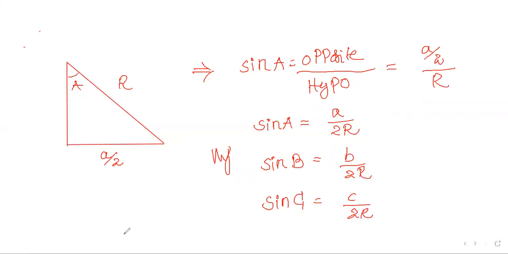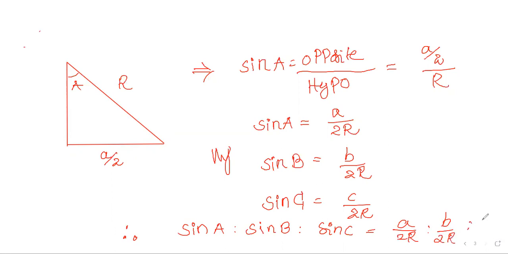Therefore, concluding all this, sin A is to sin B is to sin C is equal to a by 2R is to b by 2R is to c by 2R, isn't it?